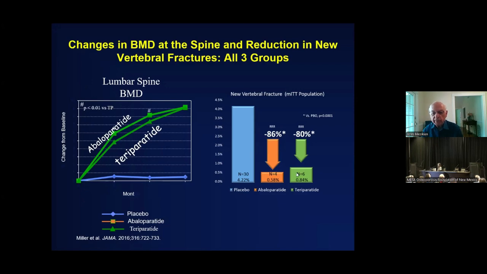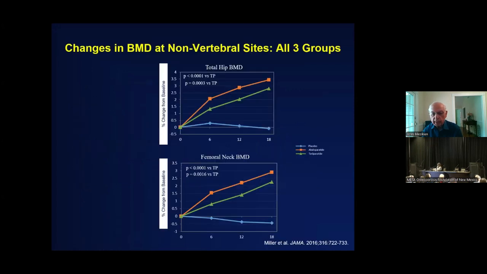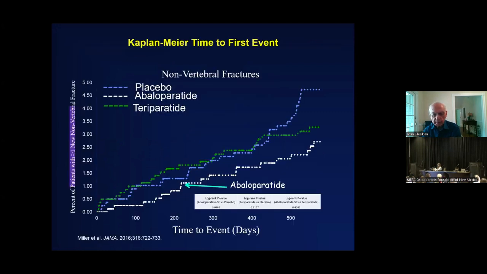And in terms of new vertebral fractures, both abaloparatide and teriparatide were very effective. Bone density changes similarly, although there might be some tendency for abaloparatide to increase bone density in the hip regions a bit faster and a bit more than teriparatide.